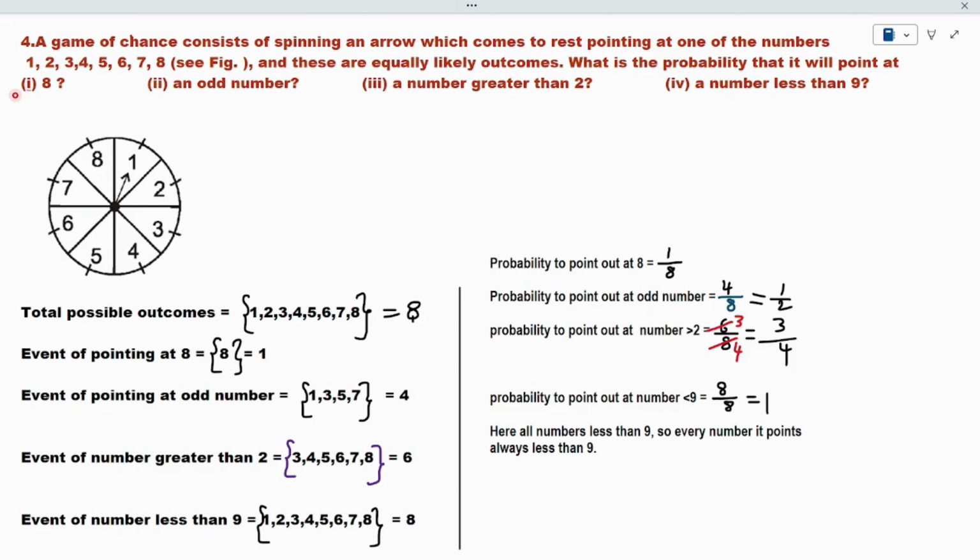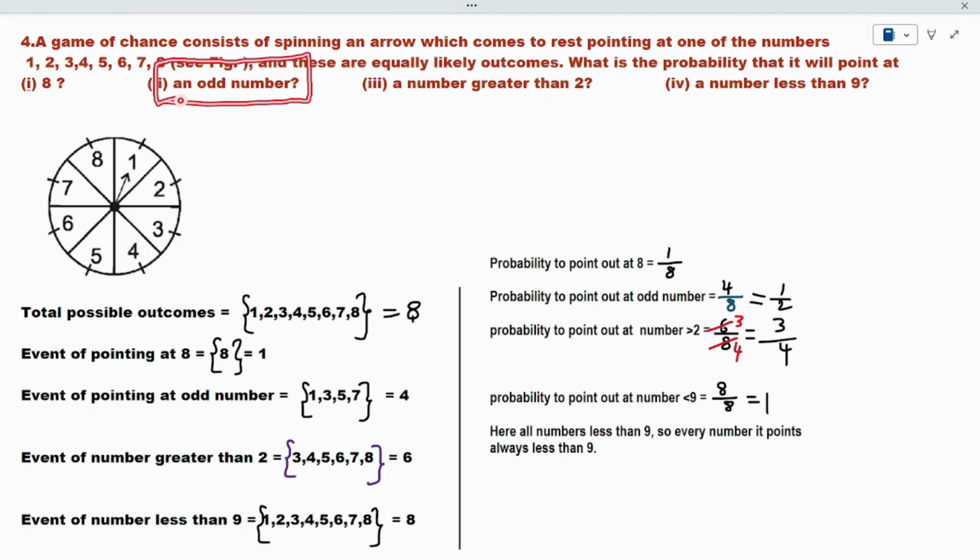Then we need to find the event of 8, the event of an odd number, the event of a number greater than 2, and the event of a number less than 9. First, the event of 8. How many 8s are here? I have only one number which is 8. So my event of 8 equals 1. Now the event of an odd number.